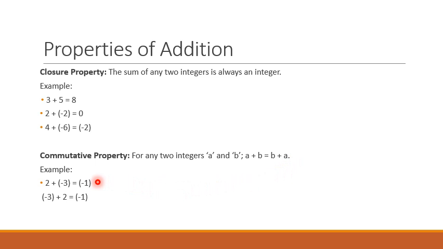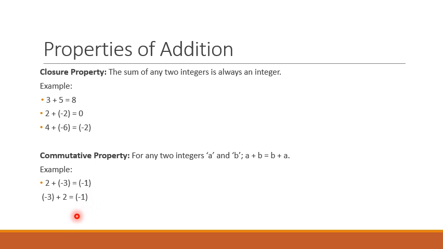Let's see the example. Here let a be 2 and b be minus 3. So when I add 2 plus minus 3, the answer will be minus 1, as the two numbers have opposite signs and 3 is the bigger number. So the answer is minus 1.